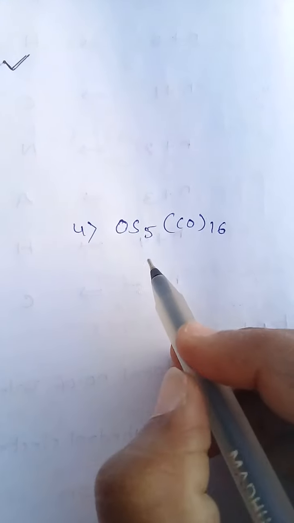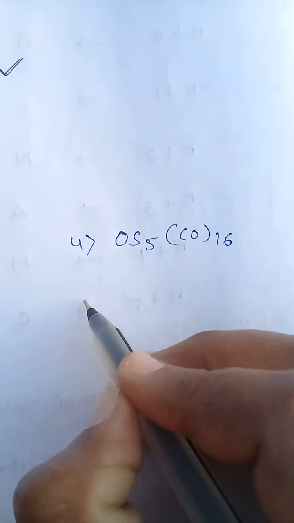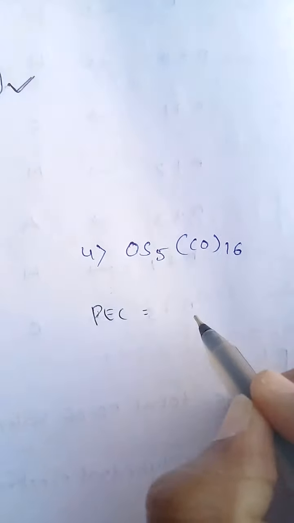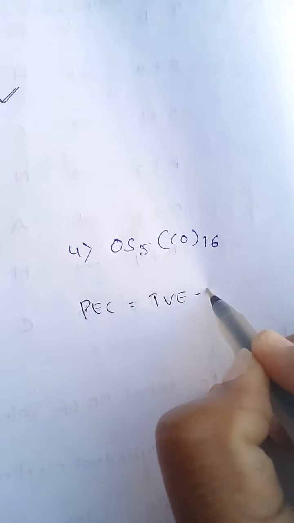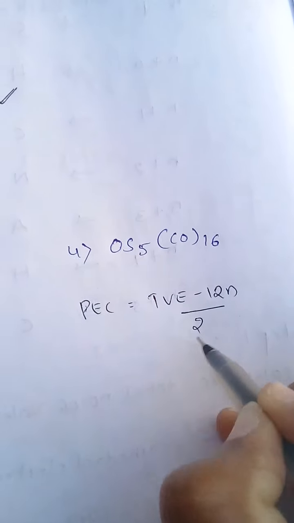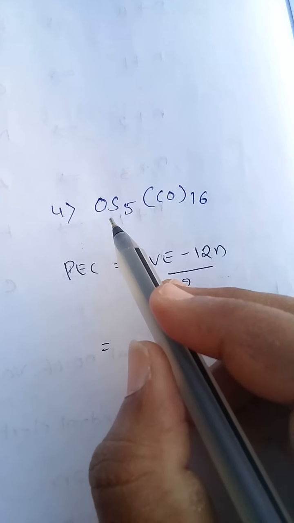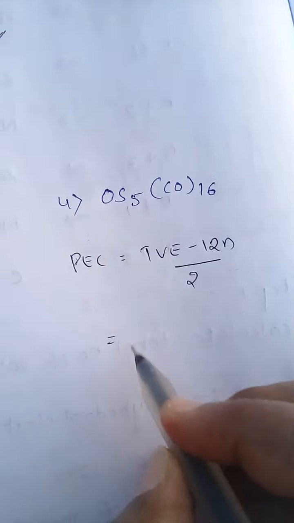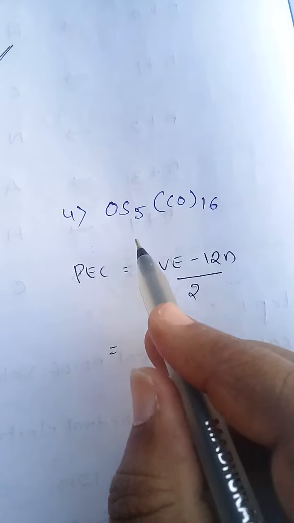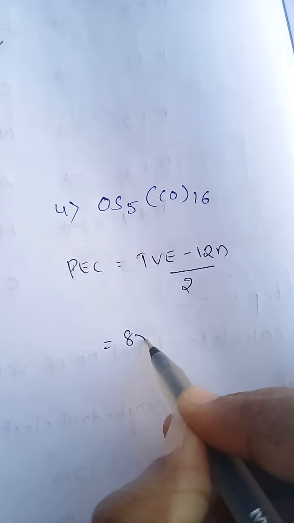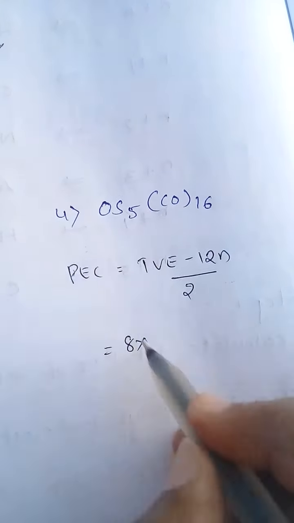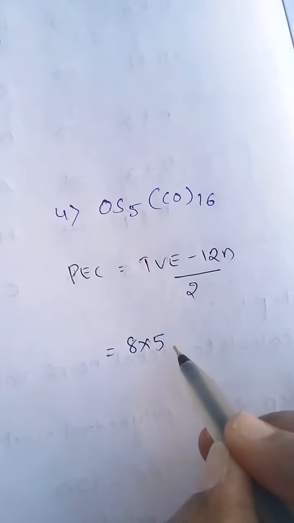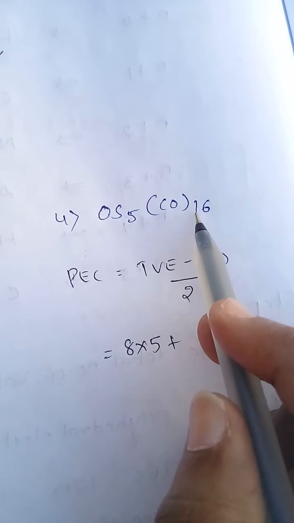Next example, Os5(CO)16. Polyhedral electron count equal to total valence electrons minus 12 into n by 2. Total valence electrons means osmium valence electrons 8, 5 metal atoms are having, so 8 into 5 plus 16 carbonyls are having.